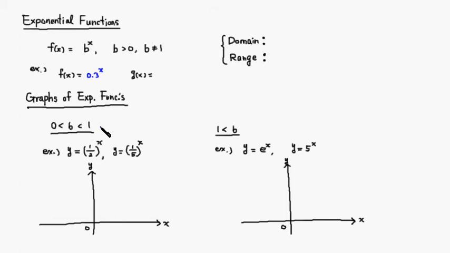It doesn't have to be a whole number. Another example, if you're weird, you can use pi to the x. That is a perfectly good exponential function. This is just terminology: b right here is called the base of the exponential function.